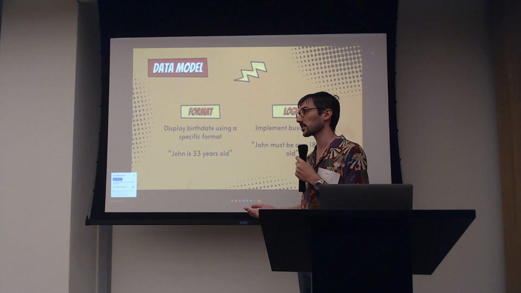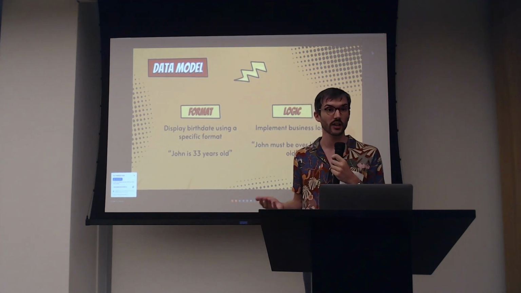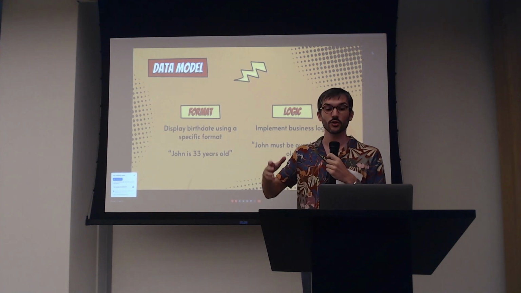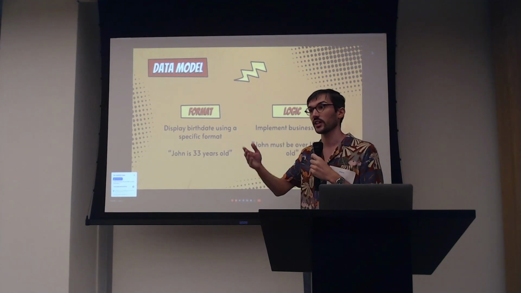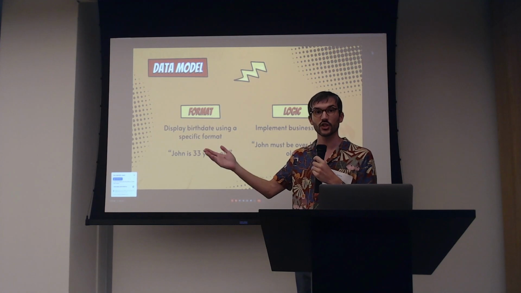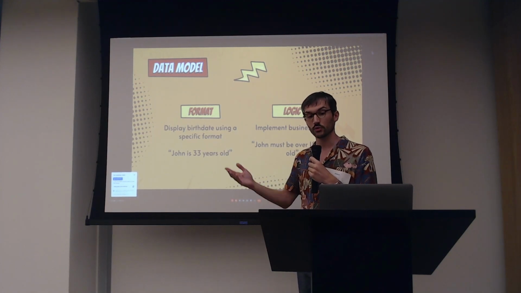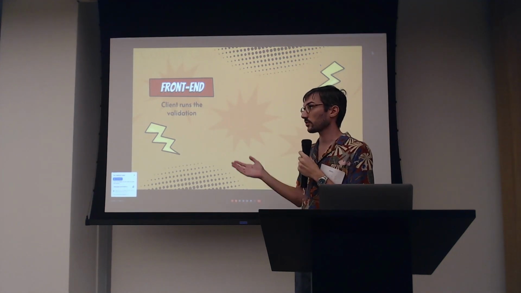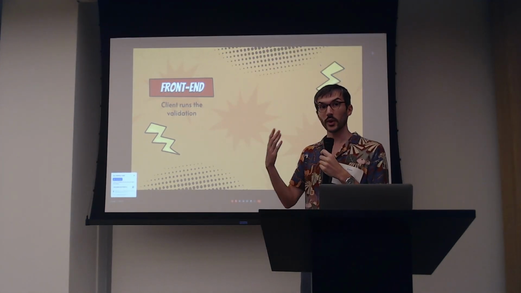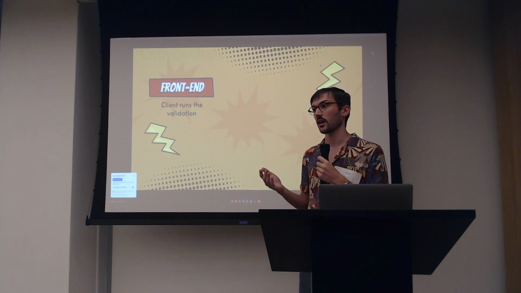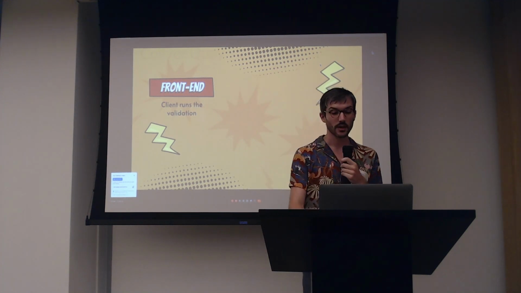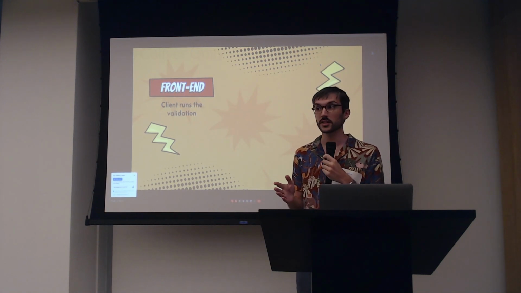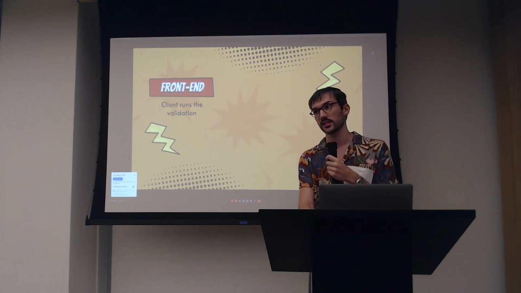And then, let's say you're building an e-commerce application that allows users to buy alcohol. Then you need to be sure that John is over 18 years old. So you need to process the birth date, take the age, and check if the business logic matches what you want to do. So we need to do some validation. So we can do it in the front end, where the user will be inputting his age, his birth date. But we don't want to be only trusting the front end, because someone might be trying to get past this validation.